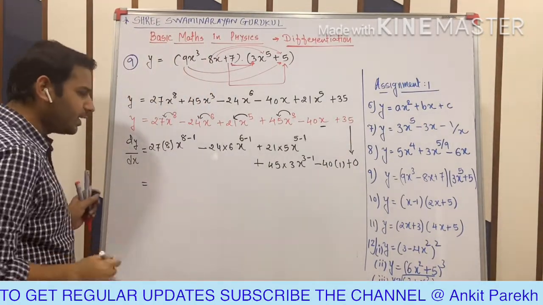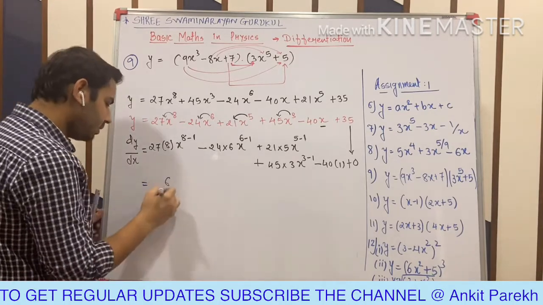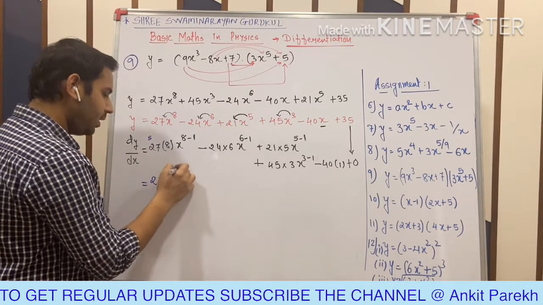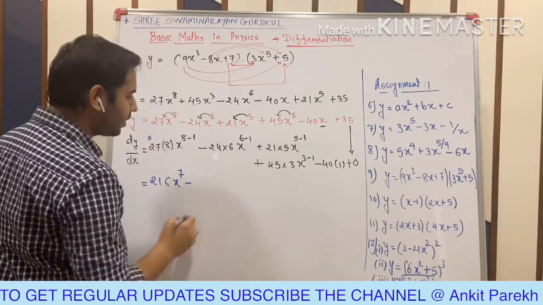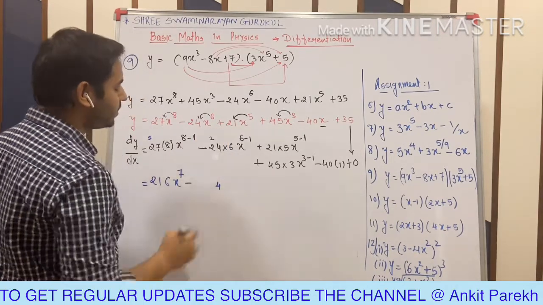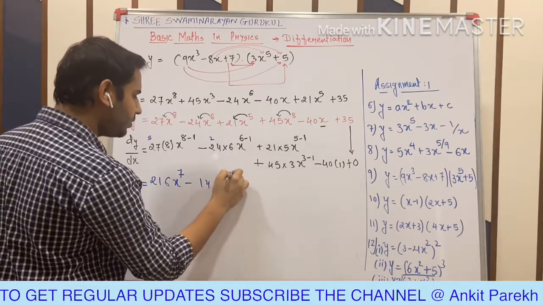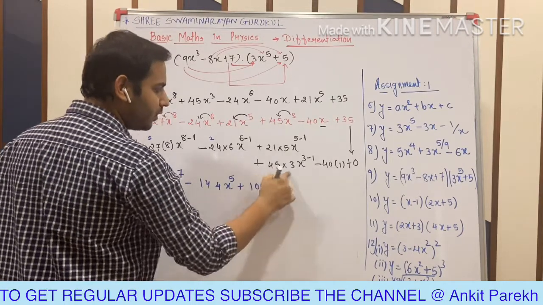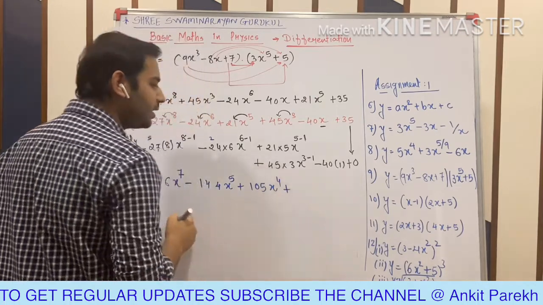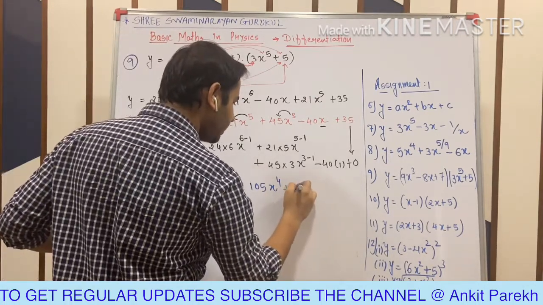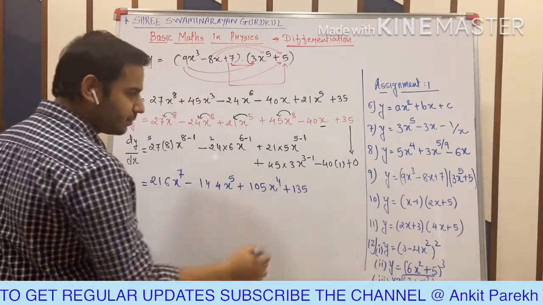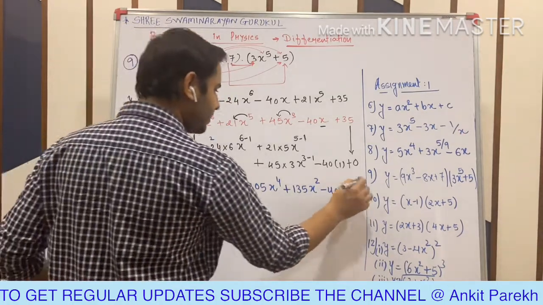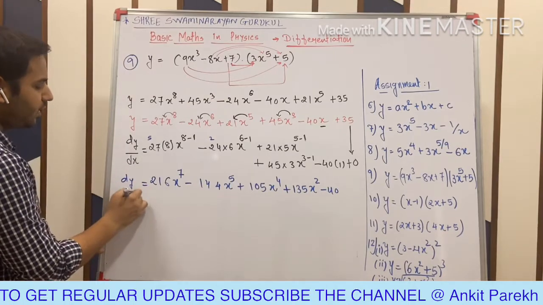So your answer is 27 into 8, 6, 5, 16 plus 5, 21, x raised to 7, this 24 into 6, 144, x raised to 5, plus this 105, x raised to 4, 45 into 3, that is 135, okay, and x raised to 2 minus 40, done, plus 0 is 0. This is your final answer of dy by dx.